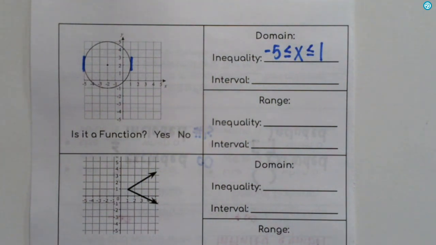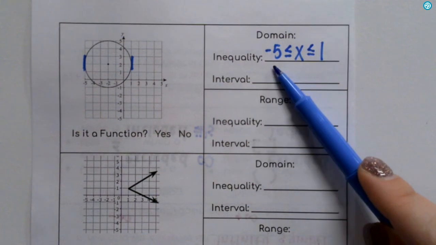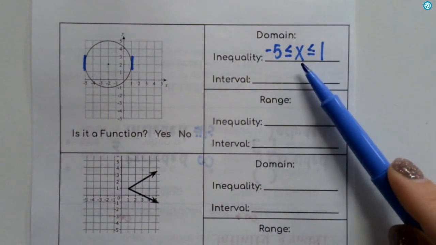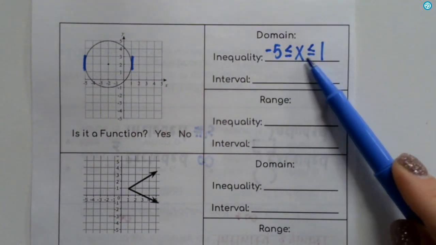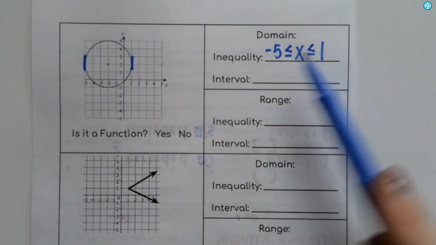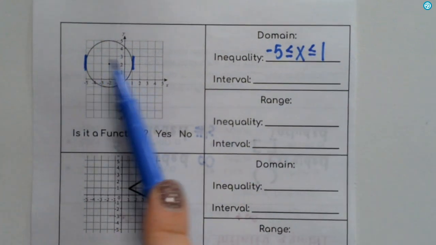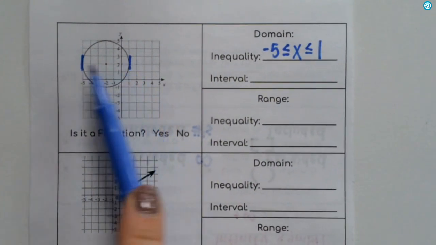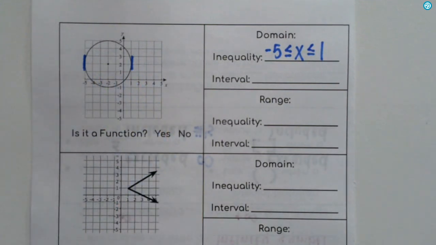So what that means is that -5 is smaller than all of my X's, and all of my X's are smaller than 1. So all of my X's are in between this -5 and this 1. So that's what that means.